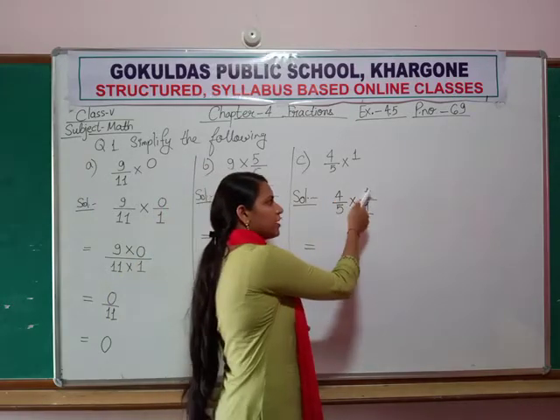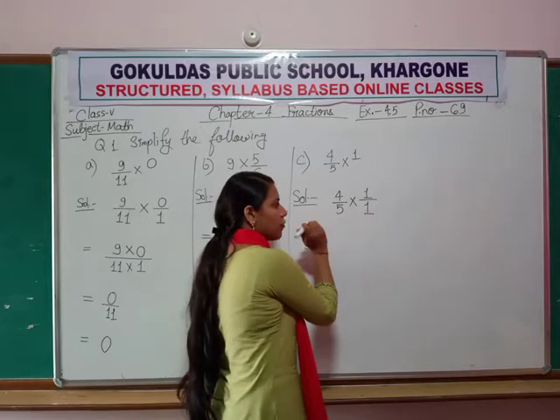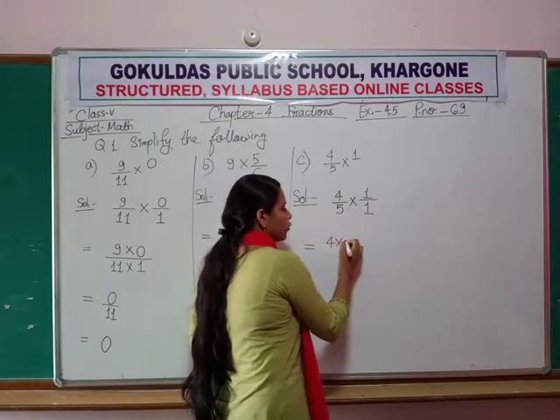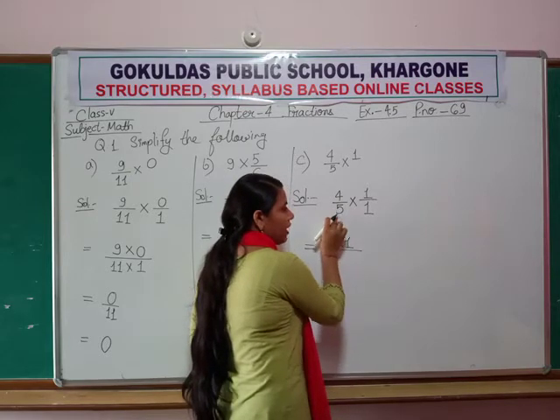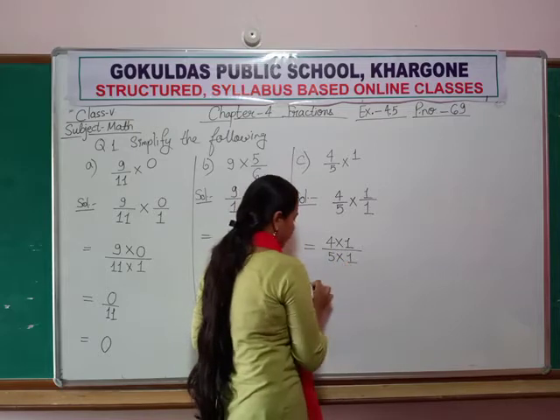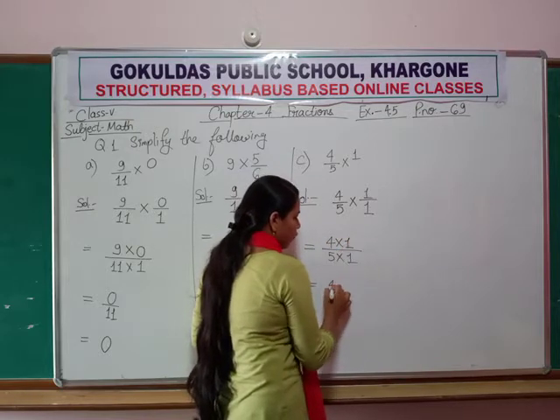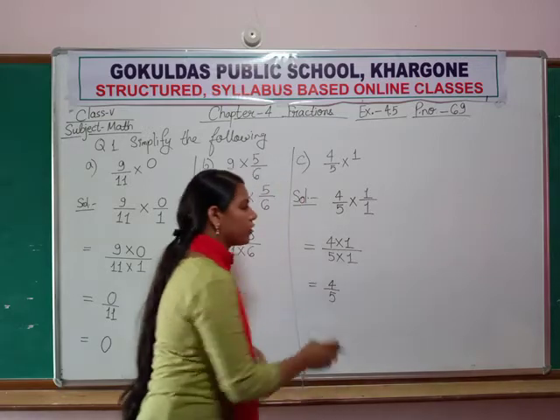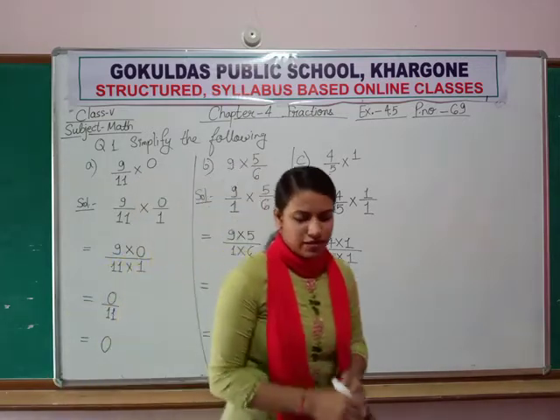We multiply numerator with numerator and denominator with denominator. So 4 into 1, and 5 into 1. 4 ones are 4 upon 5 ones are 5. So again 4 upon 5 is our result.